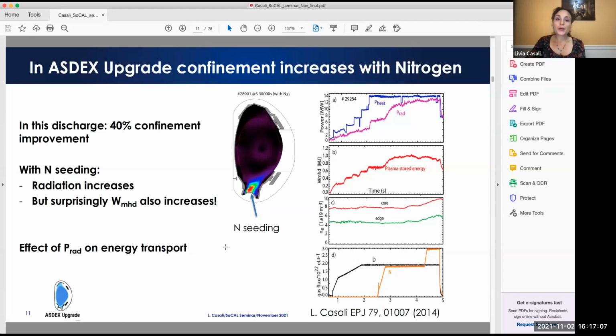I wanted to show here this example from ASDEX Upgrade, where the injection of nitrogen led to a confinement improvement. So we performed this discharge, and when we inject nitrogen into the plasma at 2.5 seconds, we saw that the radiation was increasing. However, the plasma stored energy was also increasing. And therefore, we wanted to study the effect of radiation on energy transport.